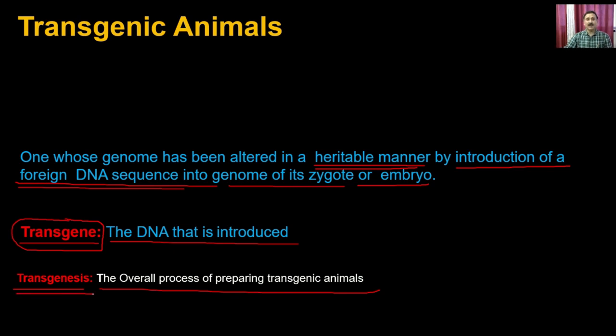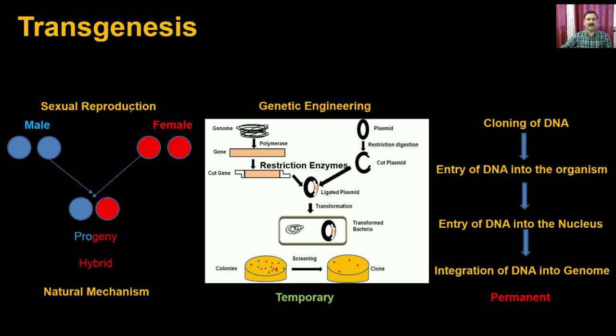There are three ways in which you can alter the genome of an organism. Let's discuss that. First is sexual reproduction, which is a natural mechanism through which you can alter the genome of a particular organism. In sexual reproduction, you take a male, which is the blue circles, and then a female, which has different characters, like the red balls.